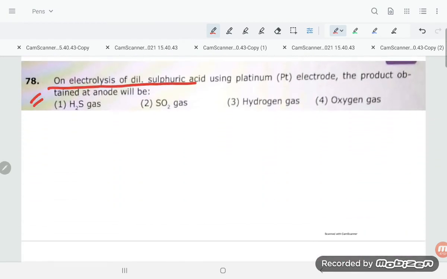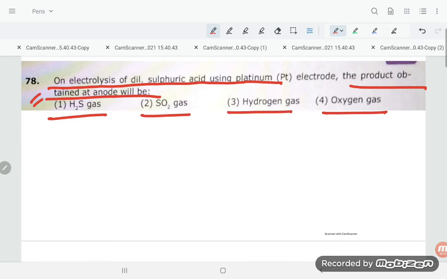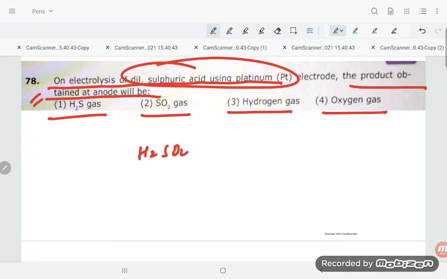Next one, question number 78. On electrolysis of dilute sulfuric acid using platinum electrode, the product obtained at anode will be H2S gas, SO2 gas, hydrogen gas or oxygen gas. H2SO4 gives 2H plus and SO4 2-.